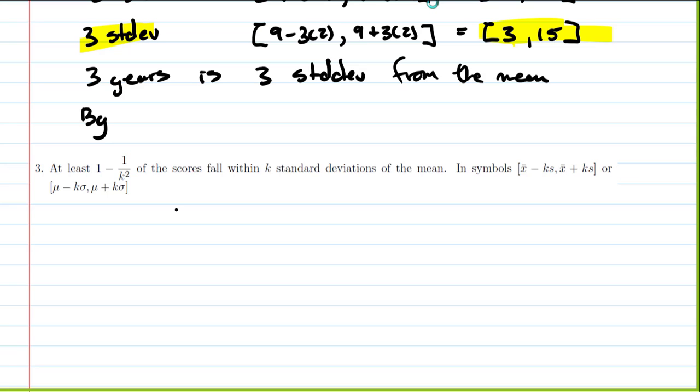We're going to have 1 minus 1 over 3 squared, which would be 1 minus 1 over 9.